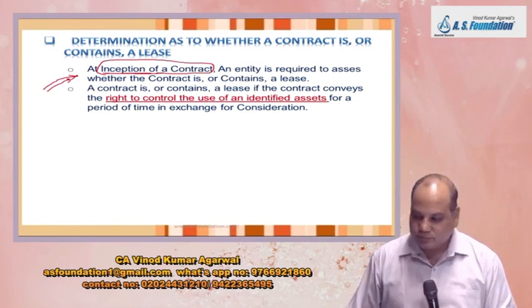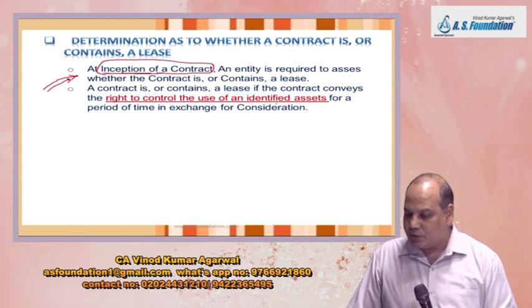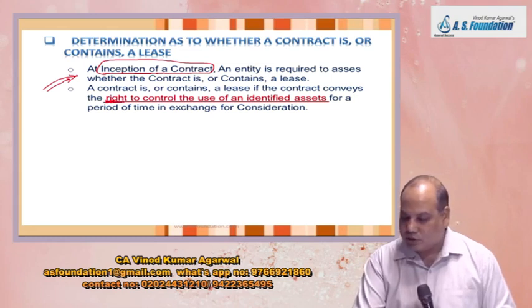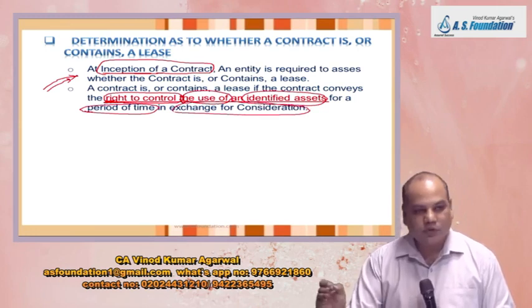A contract is or contains a lease if it conveys the right to use an identified asset for a period of time in exchange for consideration. So which are the key words here? Right to control the use of an identified asset for a period of time in exchange for a consideration.